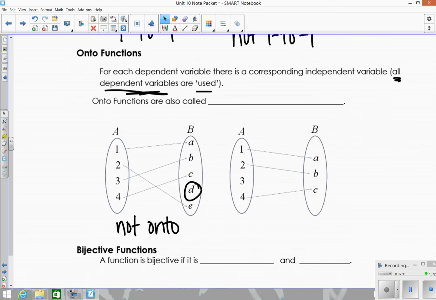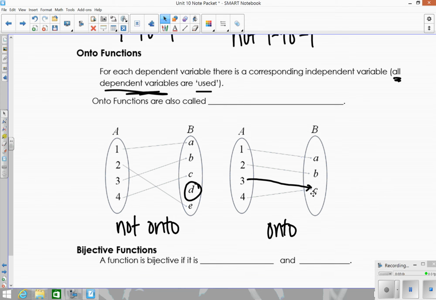Now when you look over here, this would be onto because each dependent variable is being mapped to. So each of these is being used. And now even if I draw in, let's say I take this 3 and I map it to C, this is still onto because I still have all three of these things having something getting mapped to it.